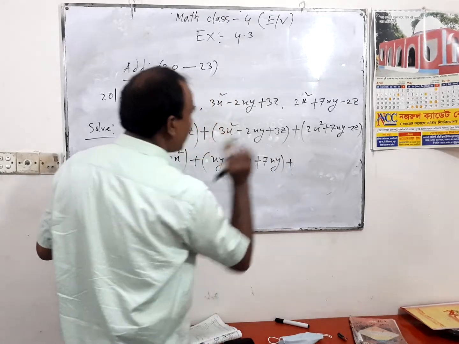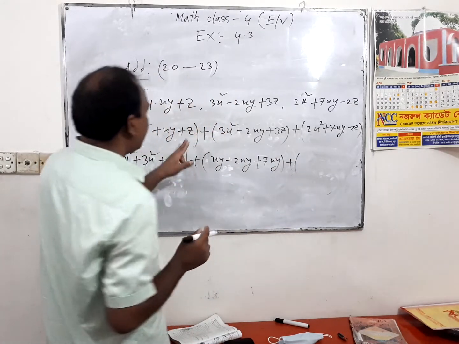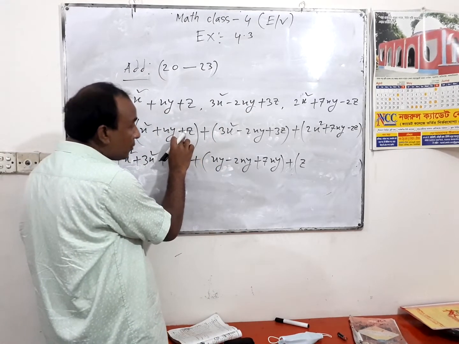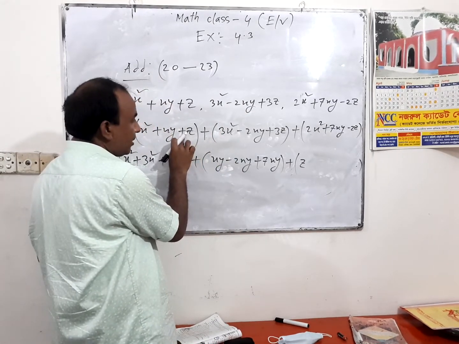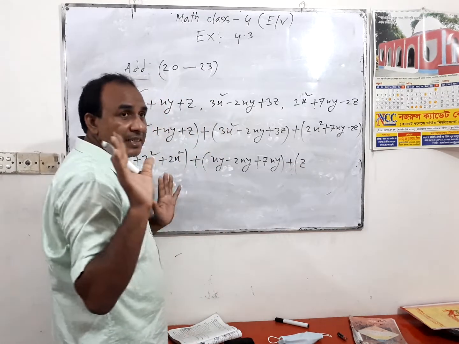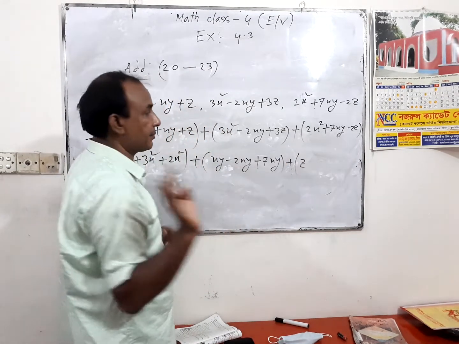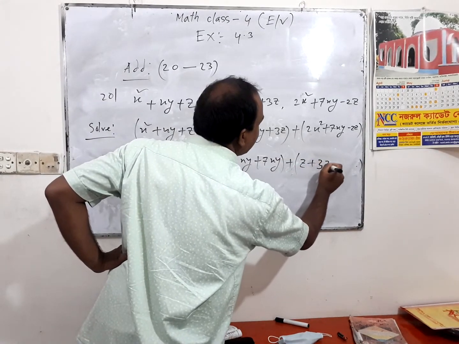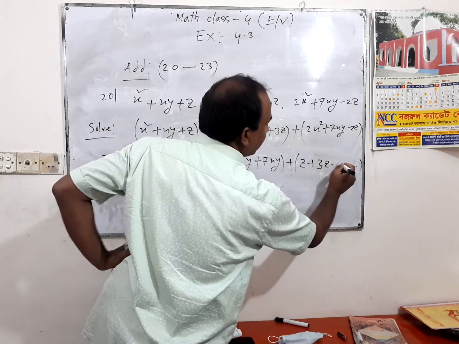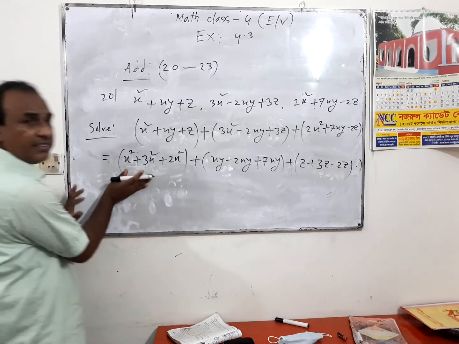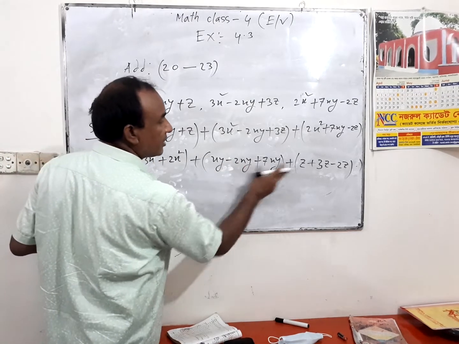Okay, we put this plus sign there. Now z. We should not put this plus sign before the first term, but we keep in our mind the plus sign is there. And thrice z and twice z with sign. Just arranging with similar terms.